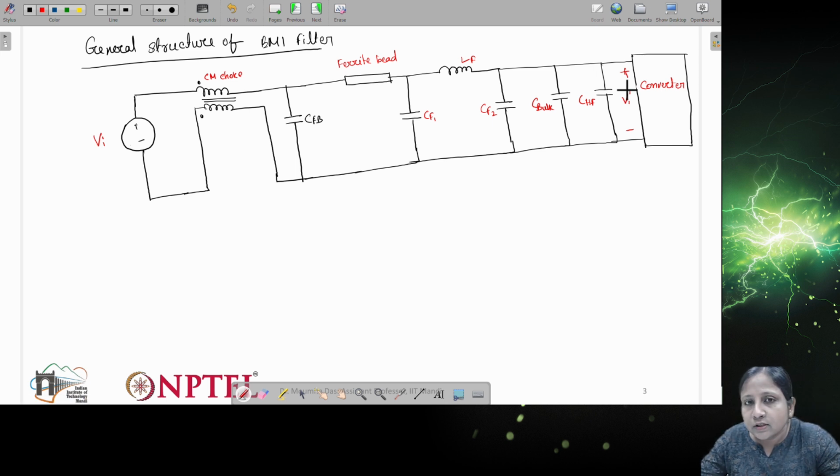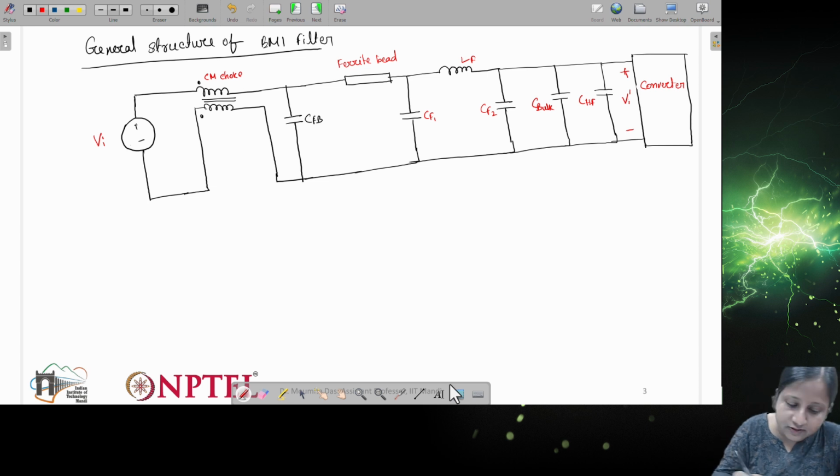So the noise from the source will not affect the load or the converter, and similarly the converter noise will not affect the source. It is both ways. So basically either ways the noise will not be transferred, and it will be absorbed or attenuated in the filter part itself. Right.